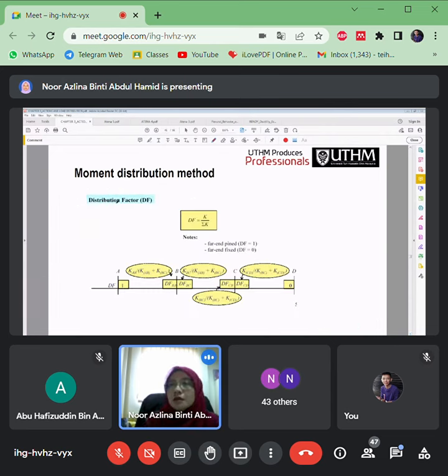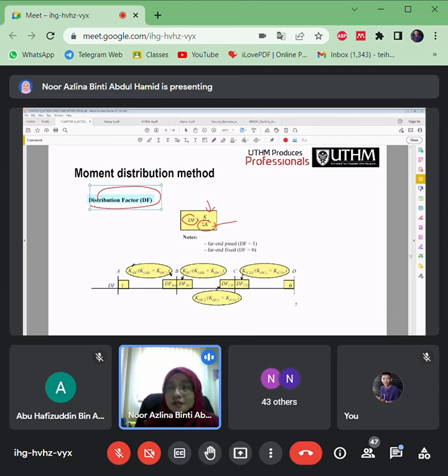Okay. Then we have another one, distribution factor or DF. So DF is actually from the stiffness, which is the ratio, the stiffness divided by total of stiffness. So total of stiffness here is the stiffness side by side.